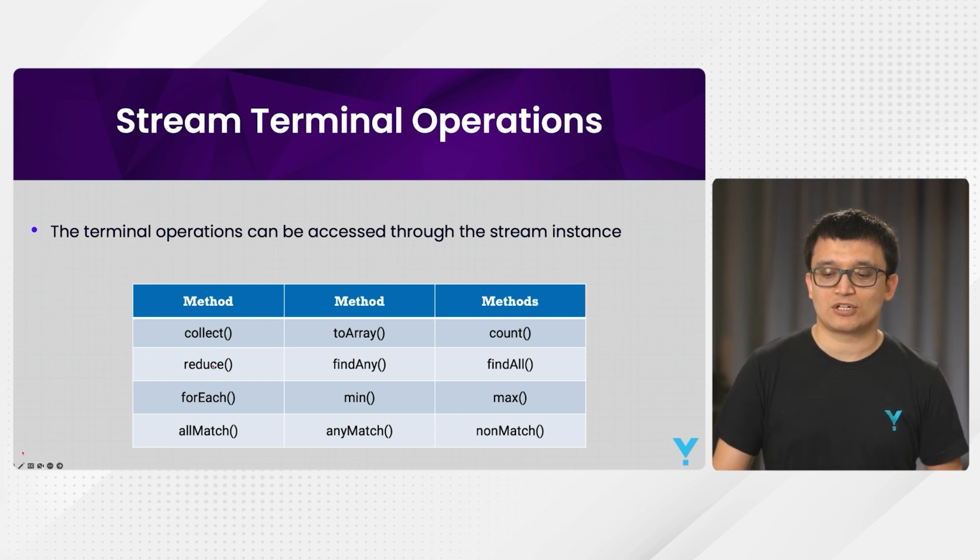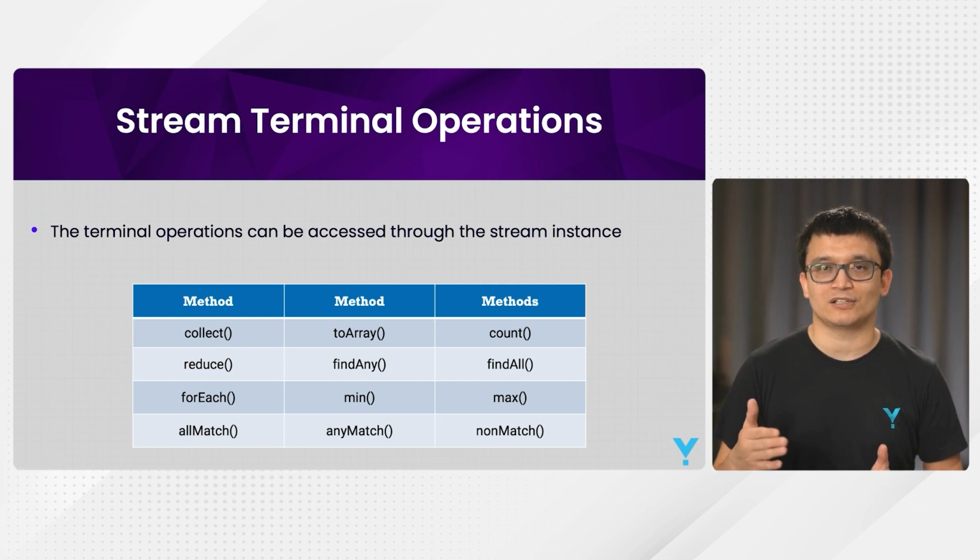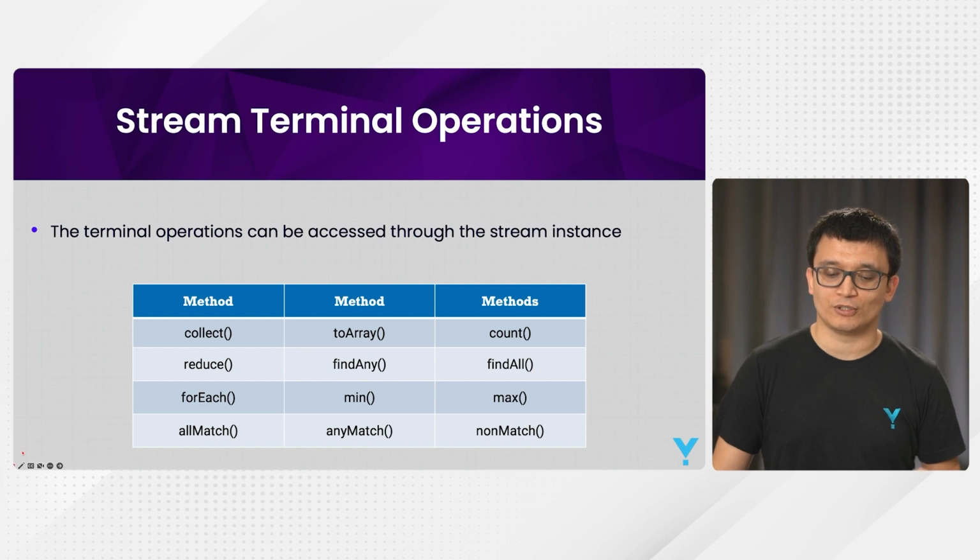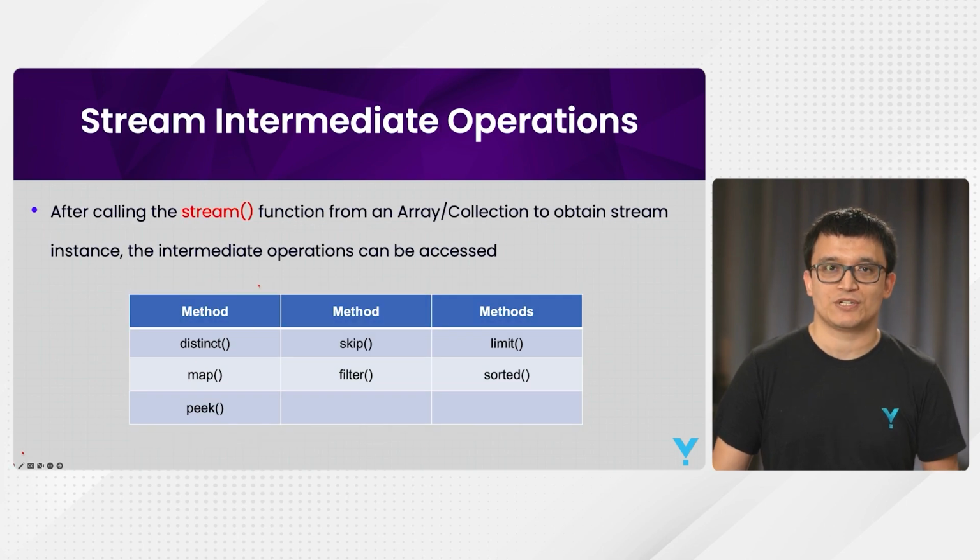Once you call a terminal operation, you will get the result at the end. Which terminal operation you use depends on the expected result that you want to achieve. In our next videos, we will be explaining the functionality of those terminal and intermediate operations.